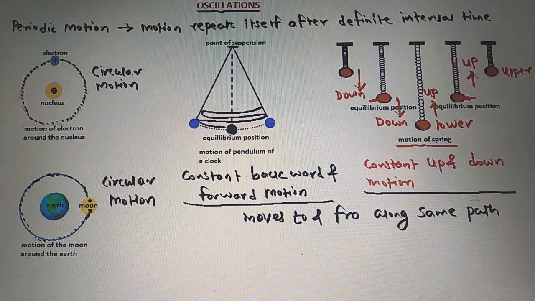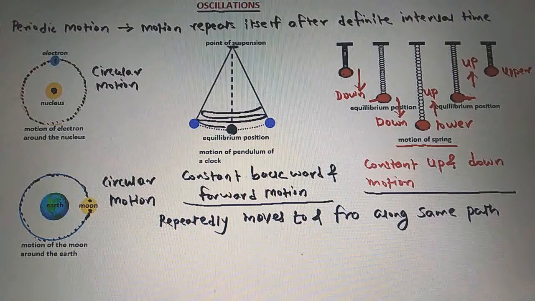Both the pendulum and the spring repeatedly move to and fro along the same path.